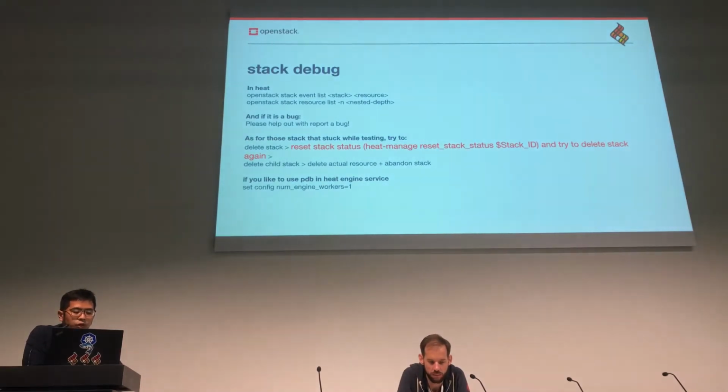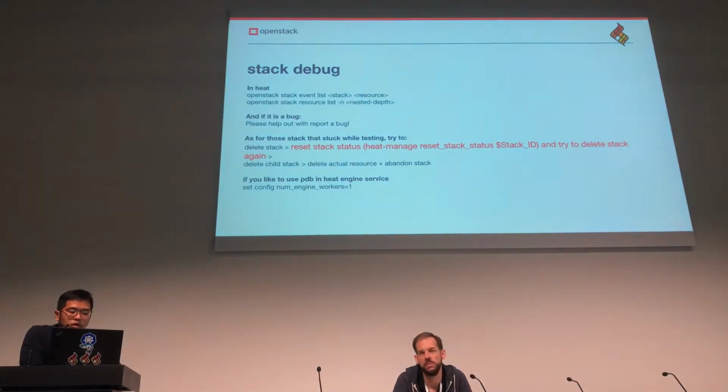For example, if you have a stack resource inside of your root stack, then you can use that stack resource ID to list the resources for that child stack, or what we call a nested stack. It will list all the information for that child stack instead of going all the way from the root stack to what you want.